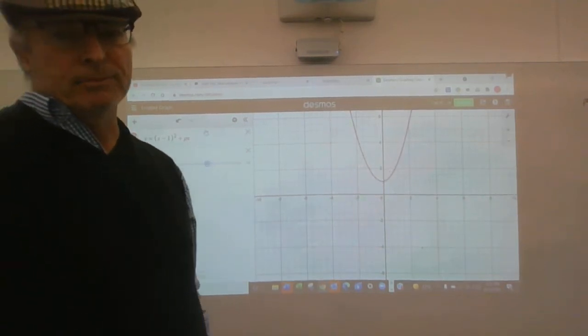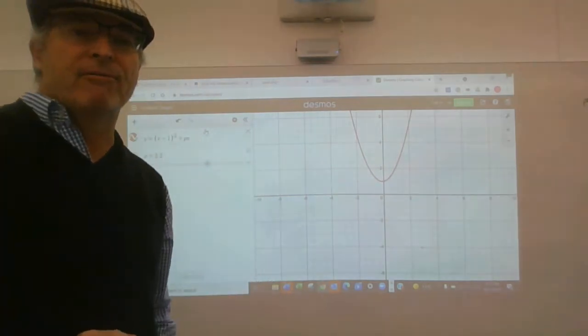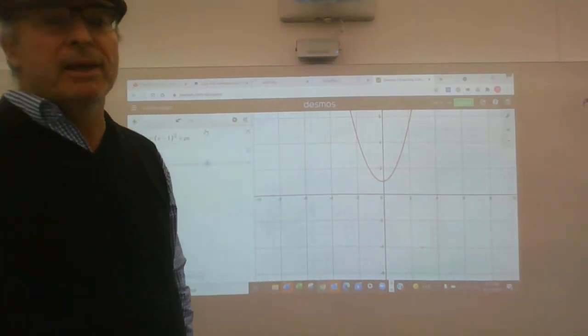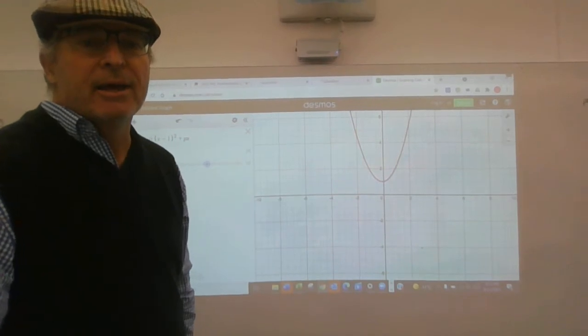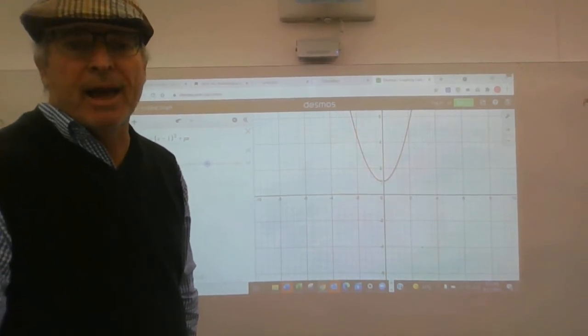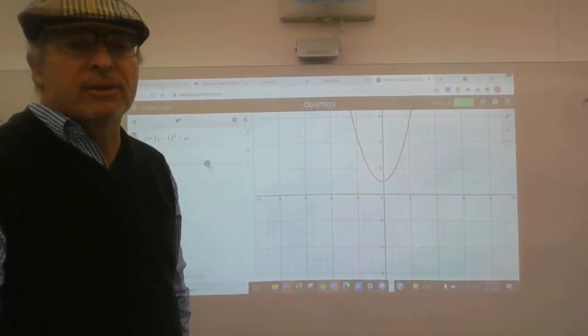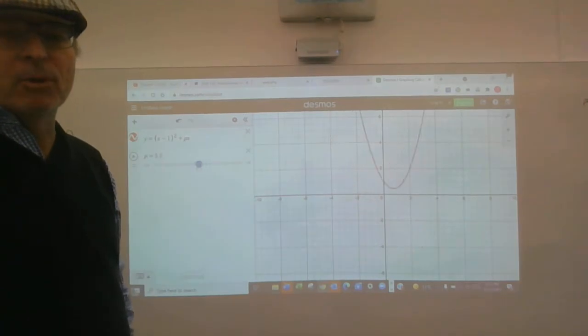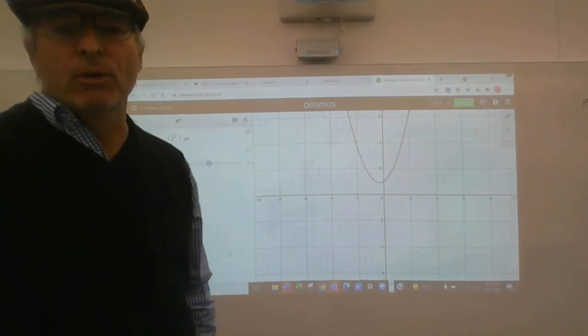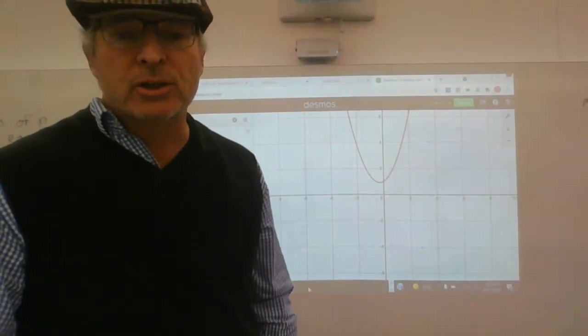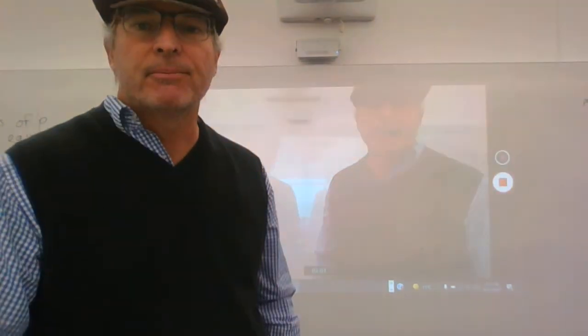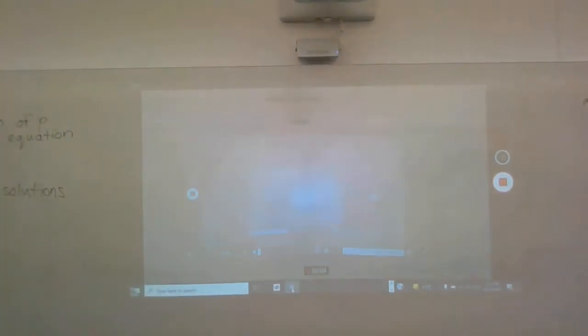So I'll come back to that with our final answer, and I'll see whether we get the correct answer that describes how the vertex of this red parabola is moving as I move the value of p around. So let's have a look now at what the actual question is that we're trying to answer, and we'll take it from there.